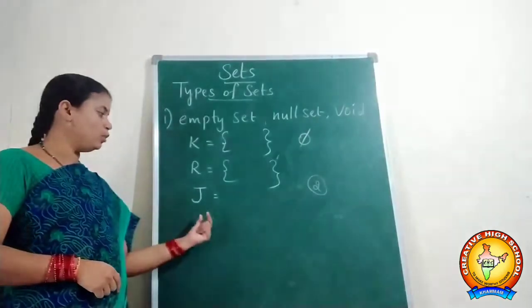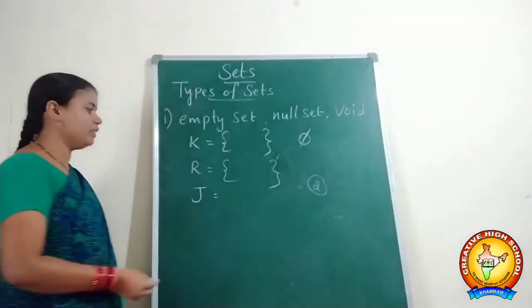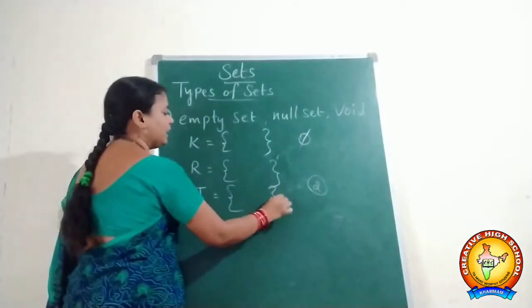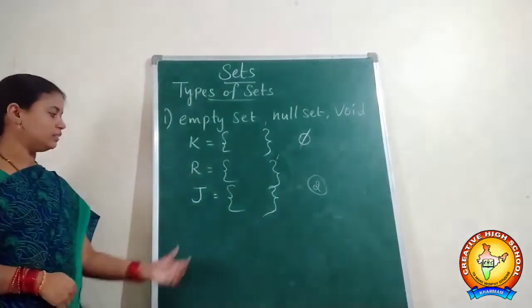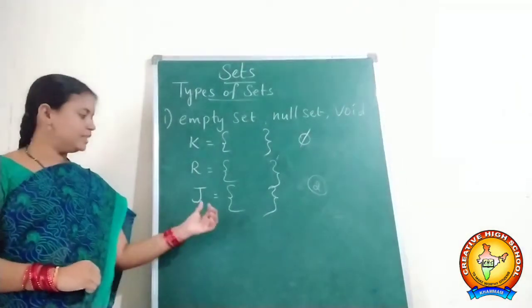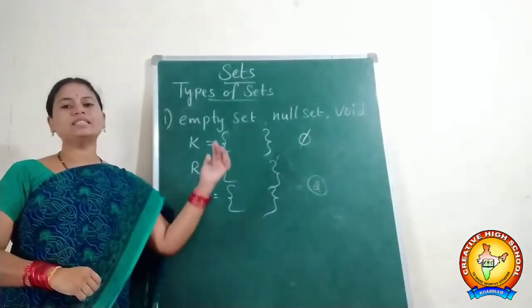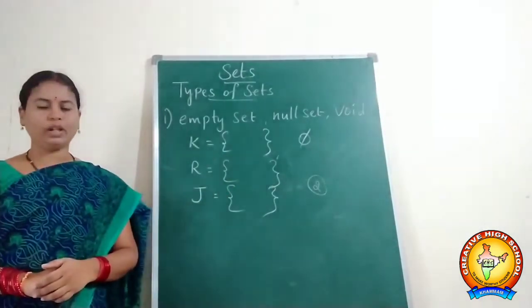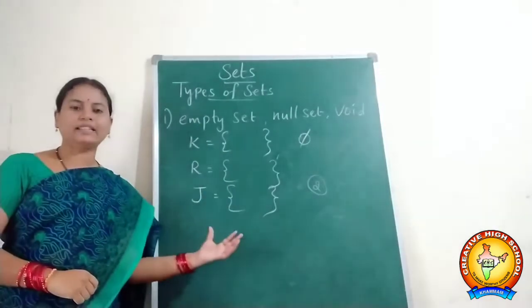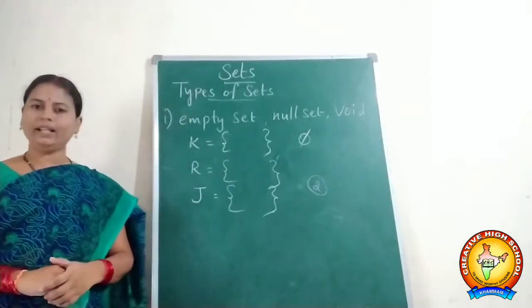So no element can satisfy our statement, and here we are not having any element in this set. So this is also called an empty set. There is no element like this to satisfy our statement, so this is also an empty set.